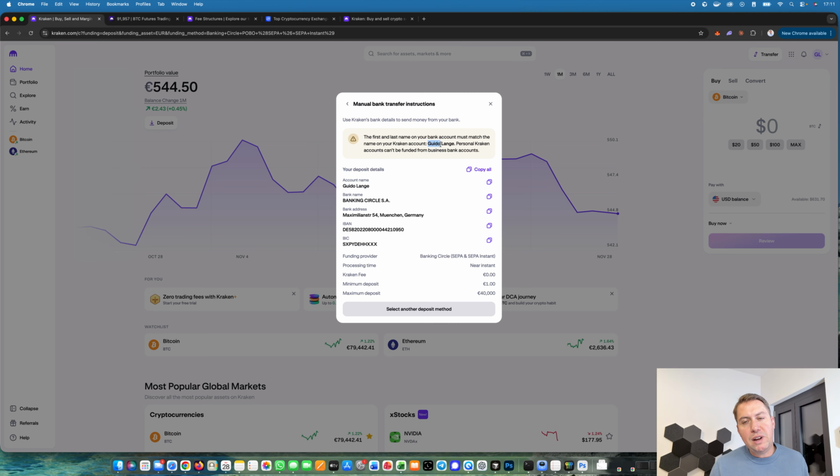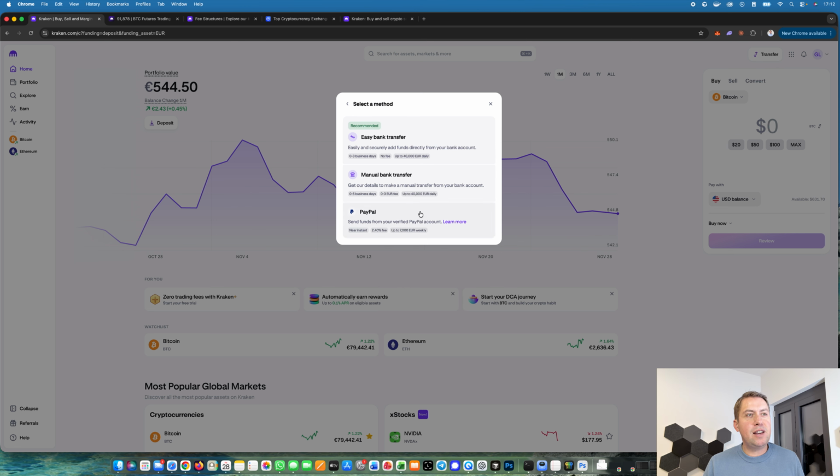However, I wouldn't be able to send money from my wife's account to my Kraken account, because it's a different name, and they would reject the transfer and the money would come back to the bank account. But you have a very small minimum deposit, so you can just test it out with a small amount, and it's even free to deposit money.